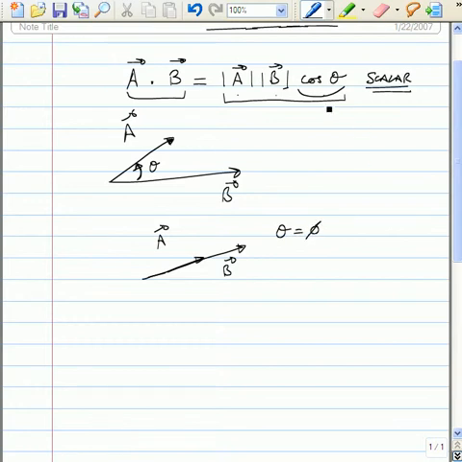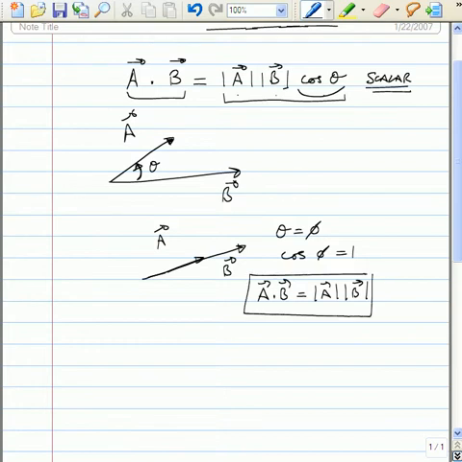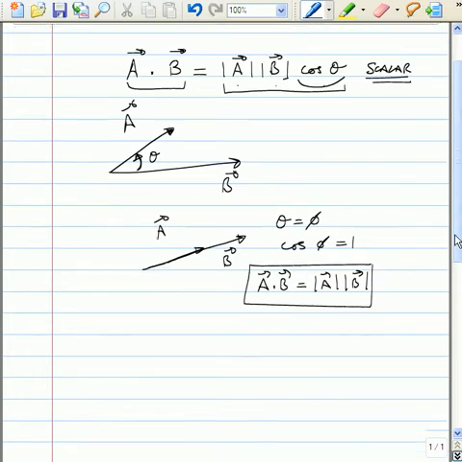And since you have to take the cosine of the angle, cosine of 0 is 1. Therefore, A dot B is nothing else than magnitude of A times magnitude of B times cosine of 0, which is 1. So it's just the product of those two magnitudes.